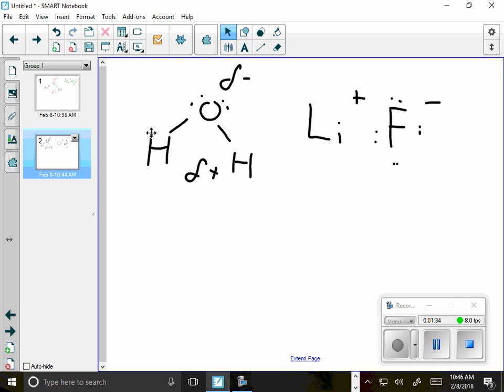Step 2 on this how-to sheet says redraw the Lewis-Dot structures so that the opposite charges are next to each other. With polar covalent molecules, the more electronegative atom will be the partial negative end. In other words, water has partial charges, but it has some sort of charge. Lithium fluoride has charges. These charges can attract one another.